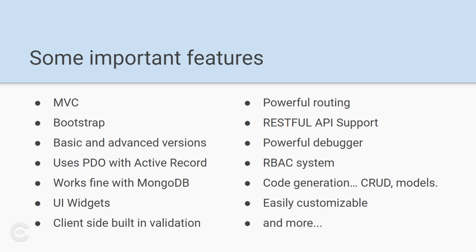So you generate a model based on the table of the database, and then you generate a CRUD based on this model. And in less than a minute, you can have create, read, update, and delete of a table in the database. It's easily customizable, as I said, and there are much more things, believe me.